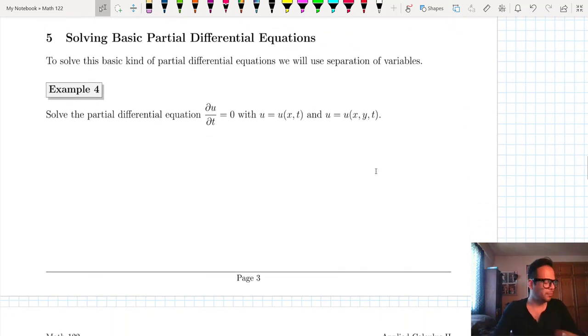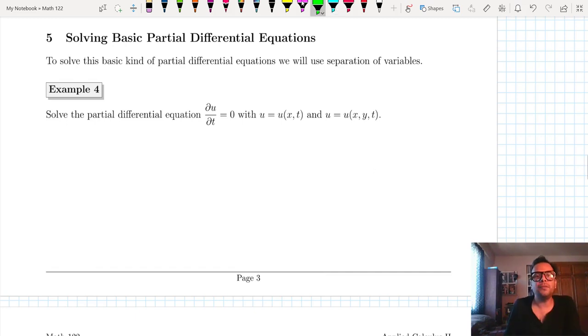Okay. So let's solve a basic partial differential equation. What is the simplest partial differential equation? Well, we're looking for some function that when we take the partial derivative with respect to t, we get 0. And we are going to express this as two different functions. You will see. Let me do one case. So what are we going to do?